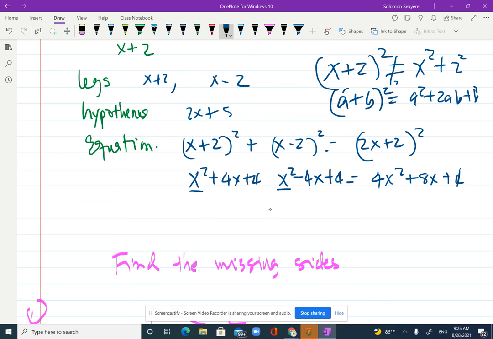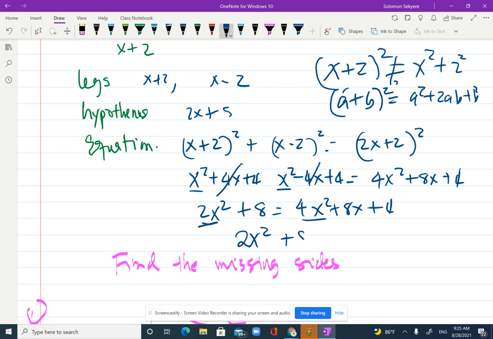So it will be 2x squared, these go away, plus 8 is equal to 4x squared plus 8x plus 4. I can move everything to one side, subtract those, and I'll end up with 2x squared plus 8x minus 4 equals 0. I can use this to solve for my x.